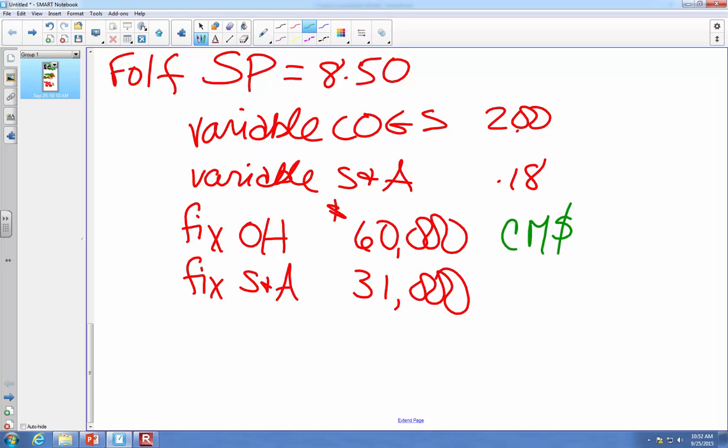Every bulk disc I sell gives me how much contribution margin? $6.32. Selling price minus variable costs. Each bulk disc I sell is going to give me how much towards covering my fixed costs? $8.50 minus $2 minus 18 cents, right?